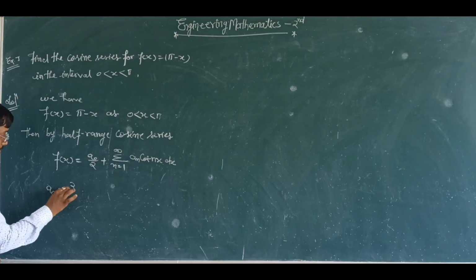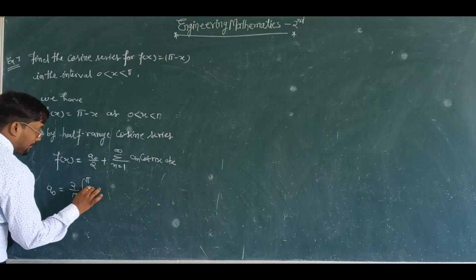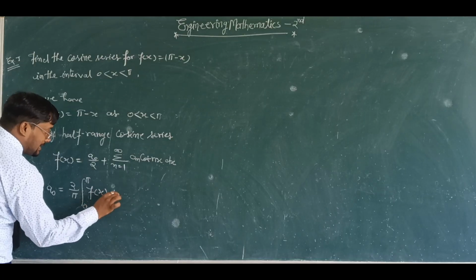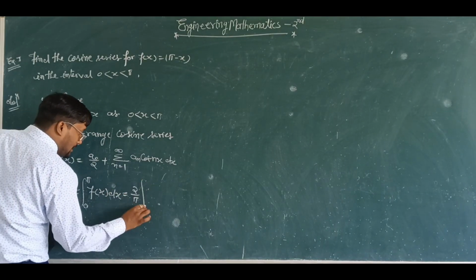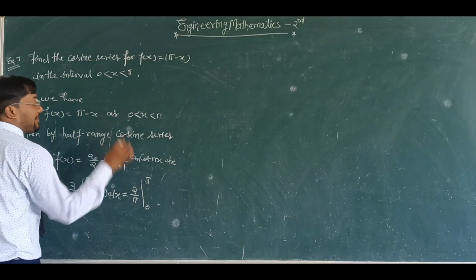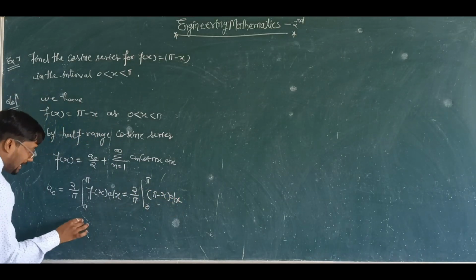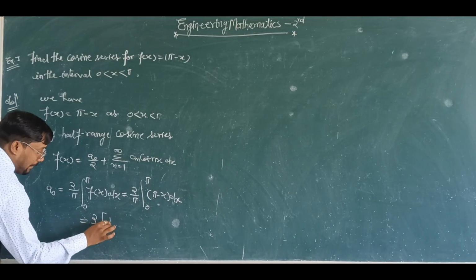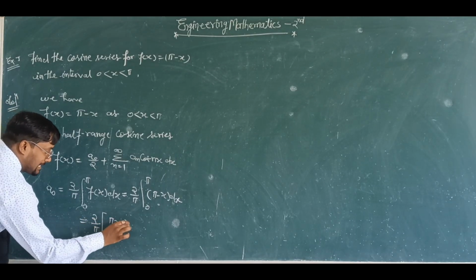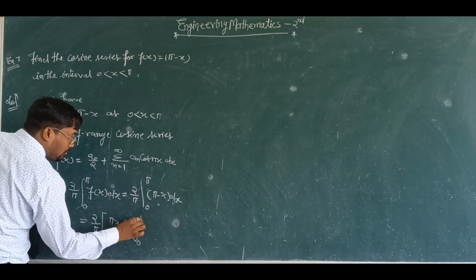a naught is equal to 2 upon pi integration 0 to pi f(x) dx. Now you can write 2 upon pi integration 0 to pi, put the value of f(x), pi minus x dx. This is 2 upon pi bracket pi x minus x square by 2, with limits 0 to pi.